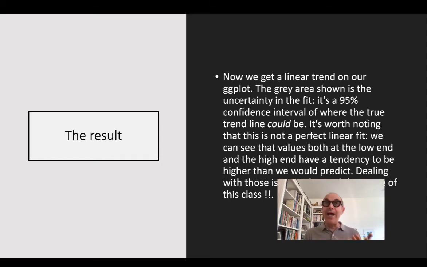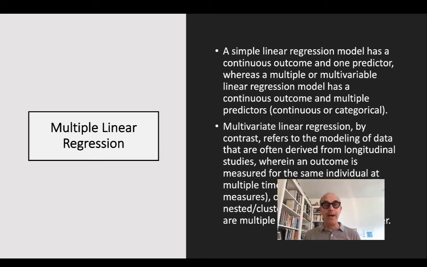It's worth noting that it is not a perfect linear fit, because we always look to see if the values at both the low and high ends have a tendency to be higher, which would help us predict. Dealing with those issues is beyond the scope of the class, but I want you to keep it in mind. If you remember the statistics class, this is what we talked about.